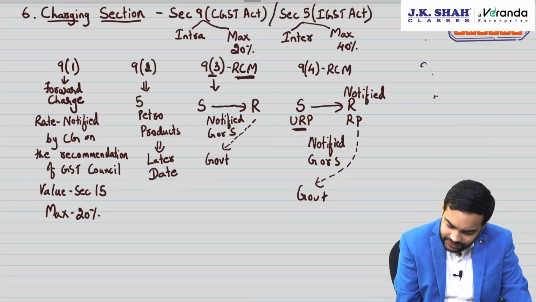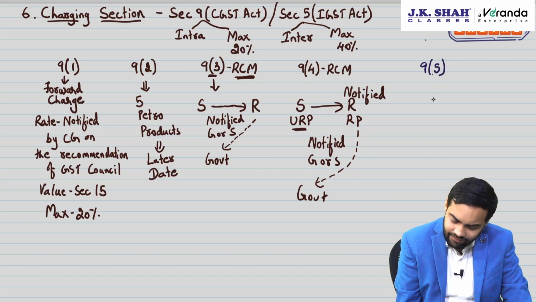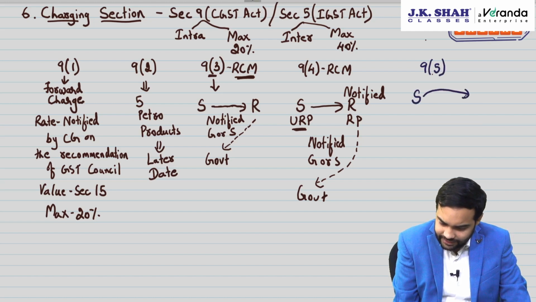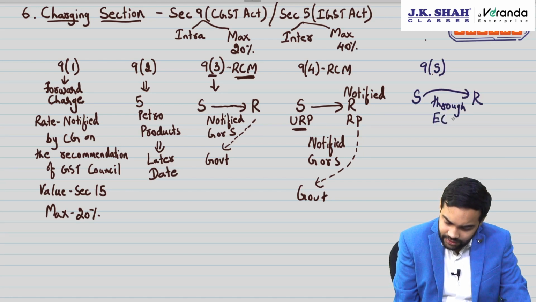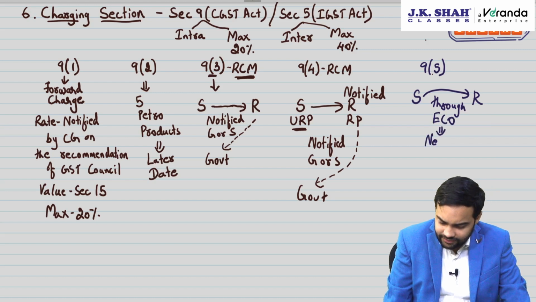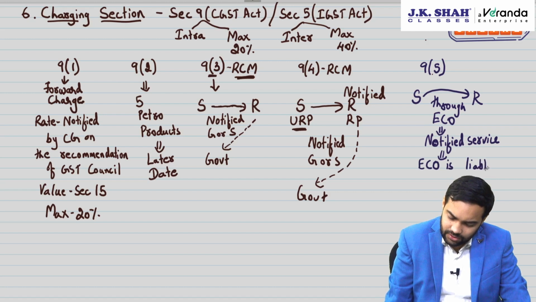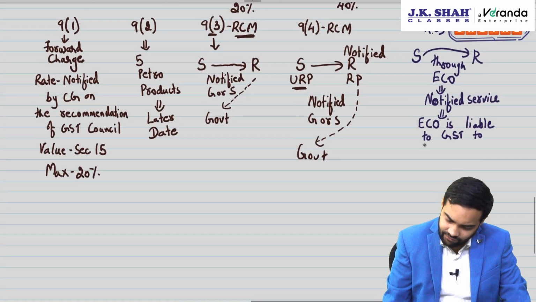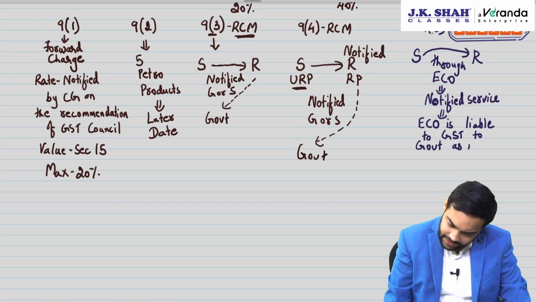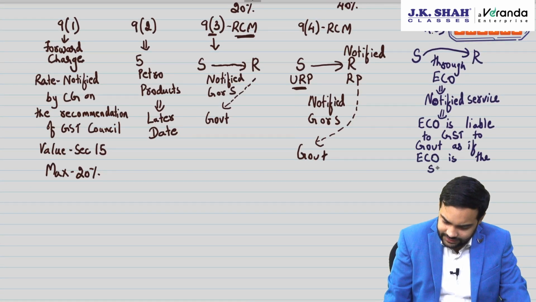Then the final provision is 9.5. 9.5 says if there is a supplier who is supplying some notified services, careful, notified services, through e-commerce operator, then in that case ECO is liable to pay GST to government as if ECO is the supplier.